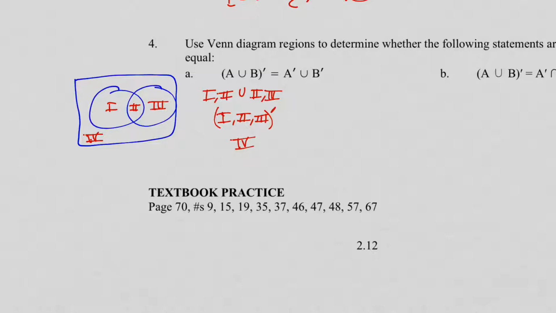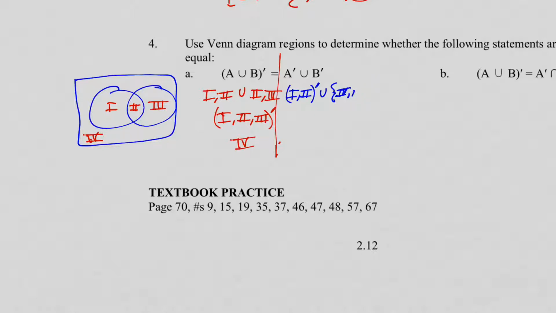Okay, now we're going to see if we get the same thing on the right side. So A we already said is 1 and 2. B is 2 and 3. Okay, and both of those are complements.